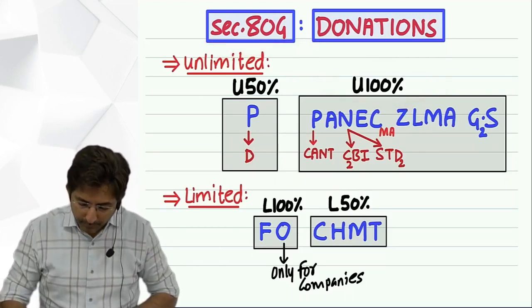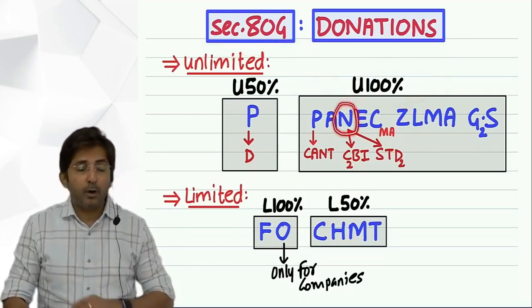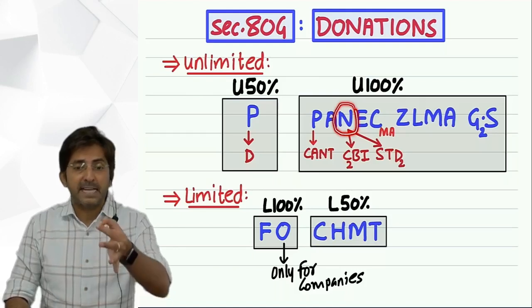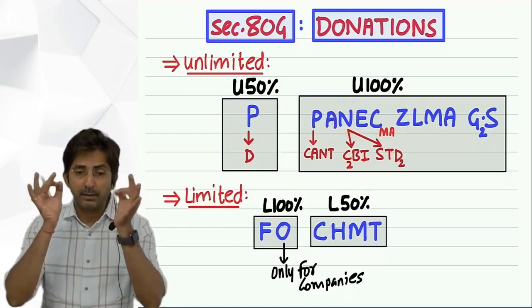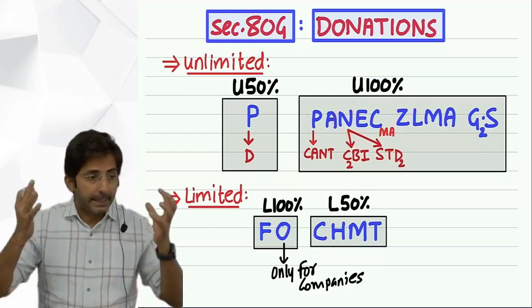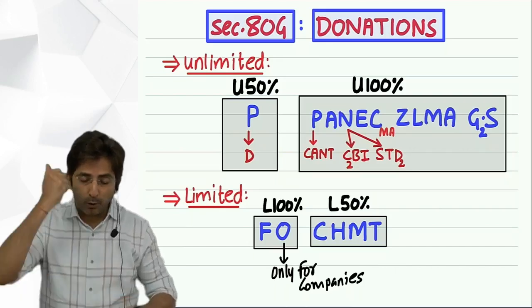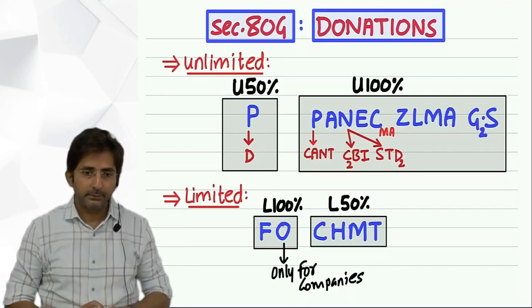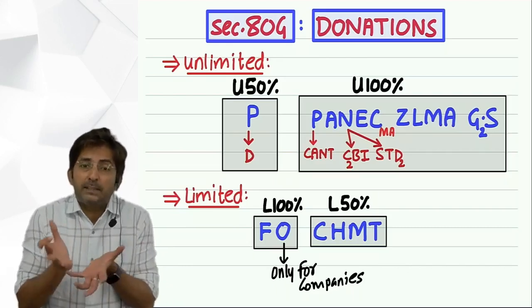Then, the next alphabet is N. Now there are donations starting with the word National. And a donation starting with the word National means what, you know? The central government is collecting the donation. That improves the authenticity of that. Right now I said sometimes we don't trust people asking for donation.